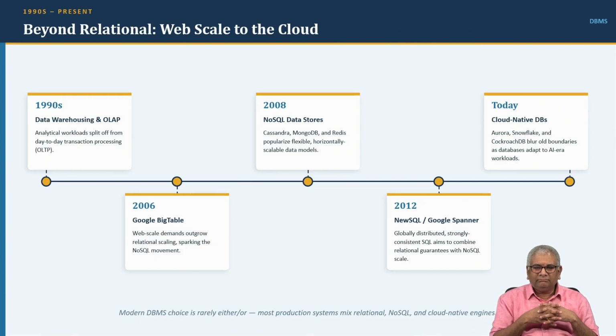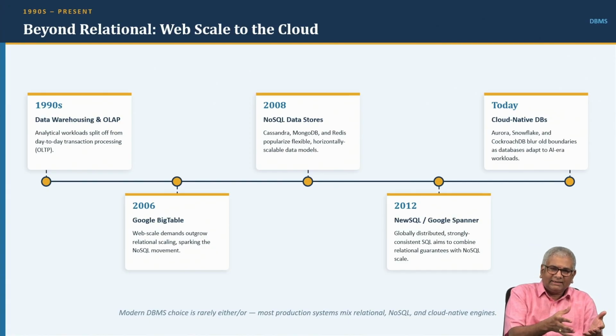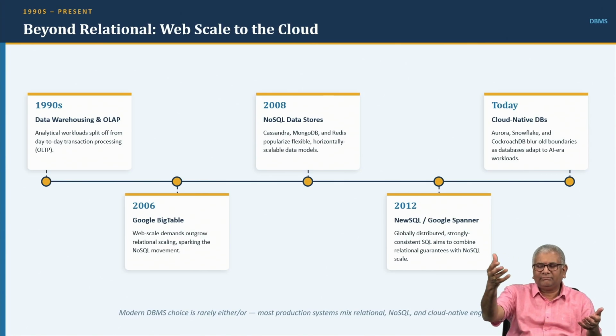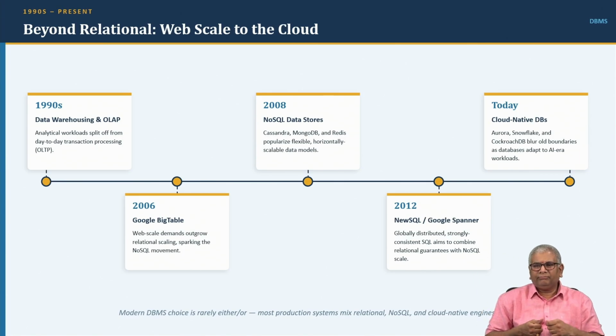Nowadays a database management system actually uses a mix of local centralized databases like RDBMS, cloud, and NoSQL databases, which are distributed. All those things are mixed and matched. So that's pretty much the history of database management systems.